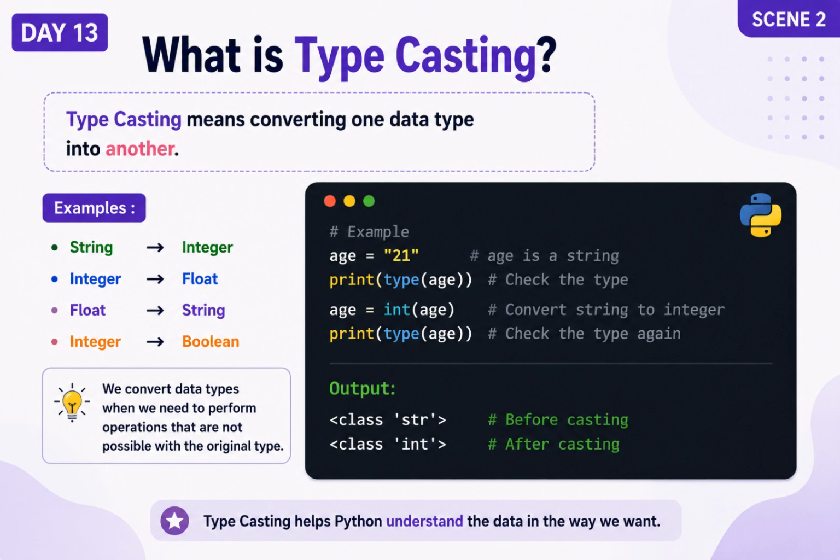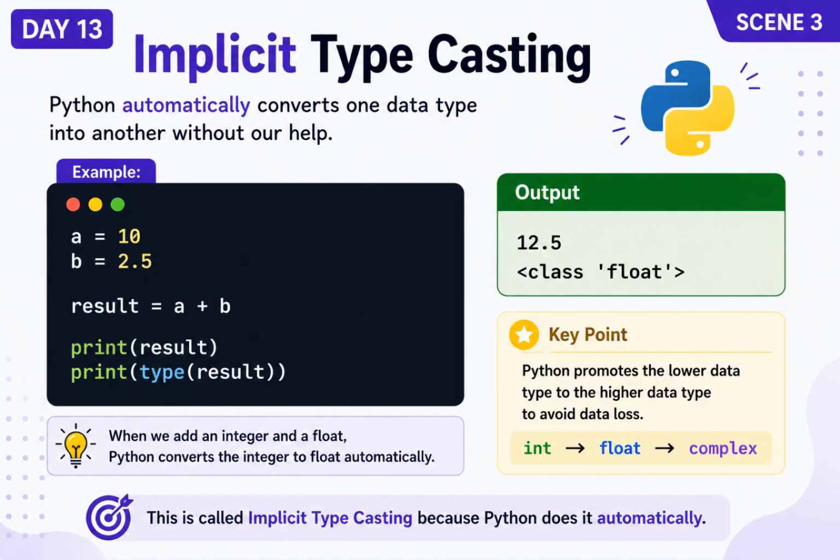Now let's learn about implicit typecasting. Implicit means automatic. Python automatically converts one data type into another whenever it is safe to do so. So in this example, a is an integer and b is a float.